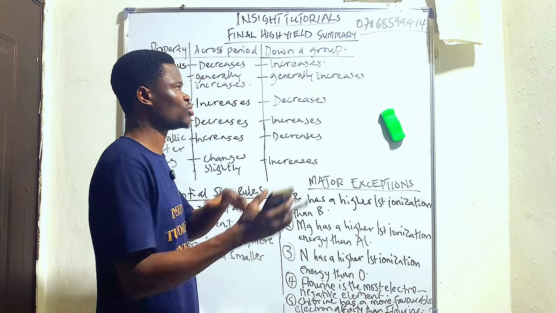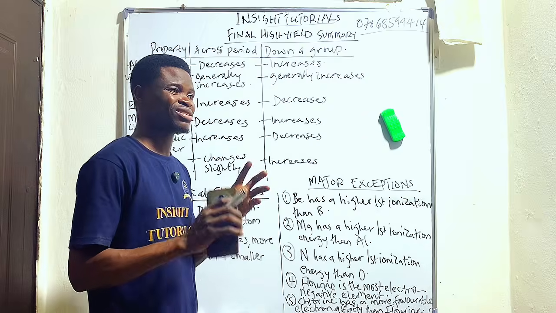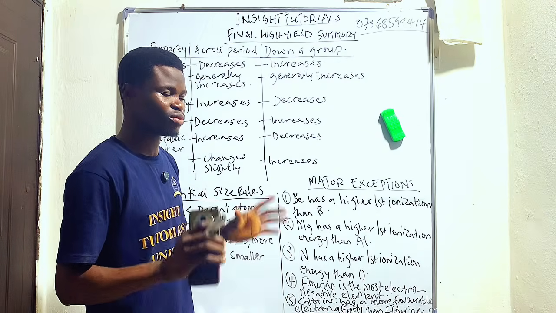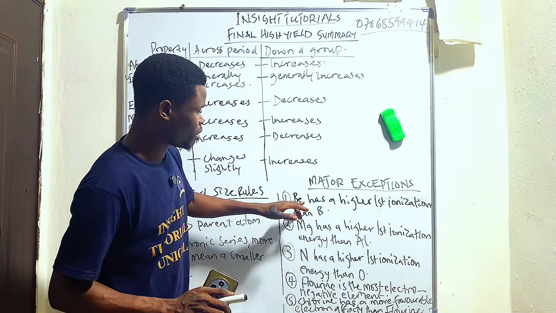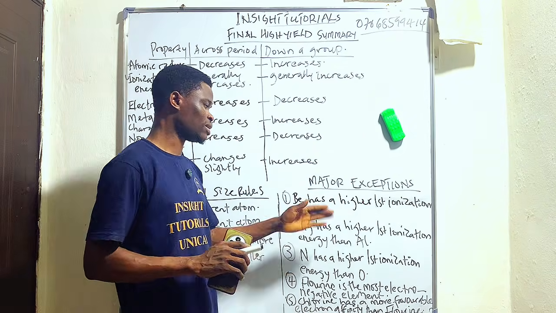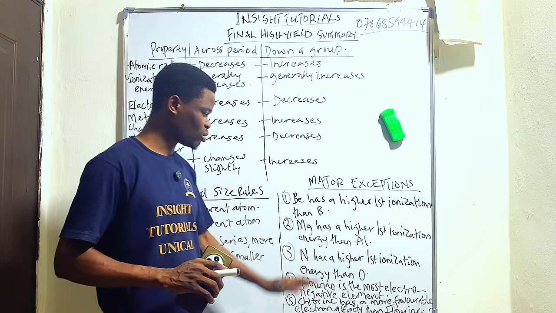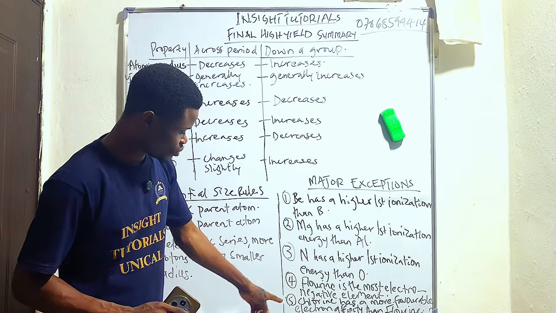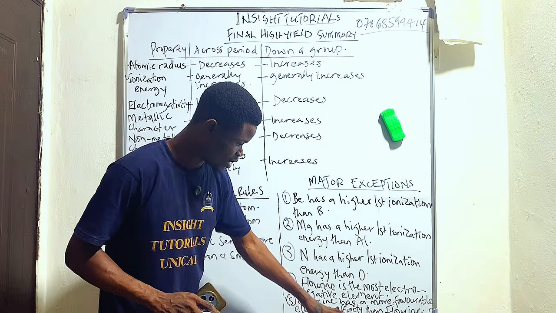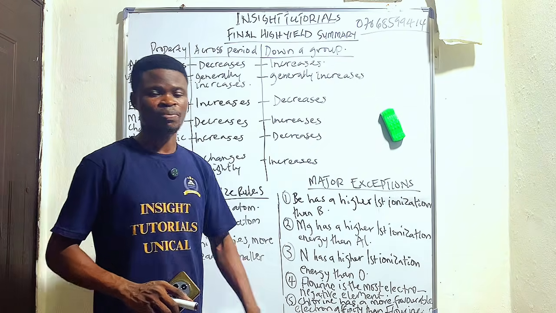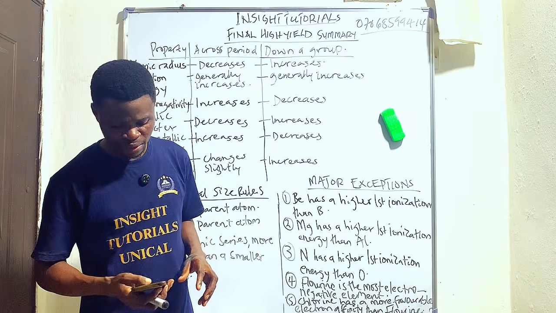Even though these periodic trends cut across the periodic table, there are certain exceptions that you need to know, right? And these are the exceptions. Beryllium has a higher first ionization energy than boron. Magnesium has a higher first ionization energy than aluminium, and so forth. The last one there is chlorine has a more favorable electron affinity than fluorine. So these are key things that you need to know.